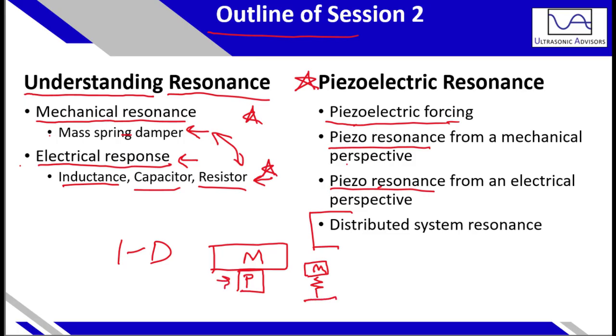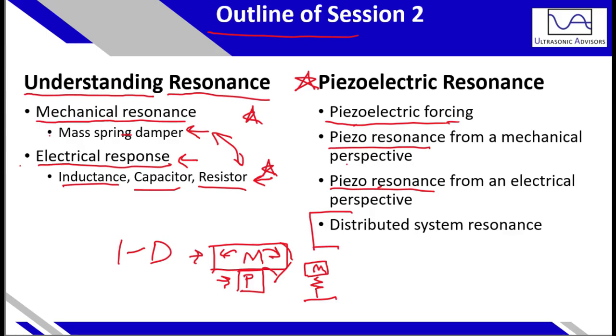However, the piezo itself has mass, and the mass actually has stiffness, and it's not a point mass, so it also has edges sticking out. So when it resonates, these edges will start to, you might even say, flap around, and that has to do with the speed of sound.